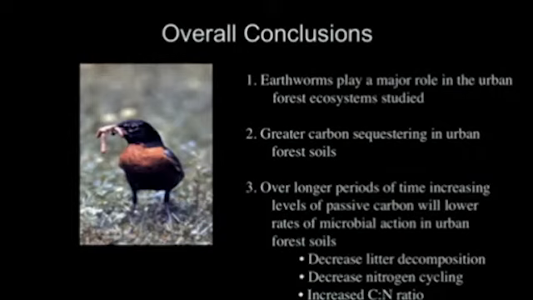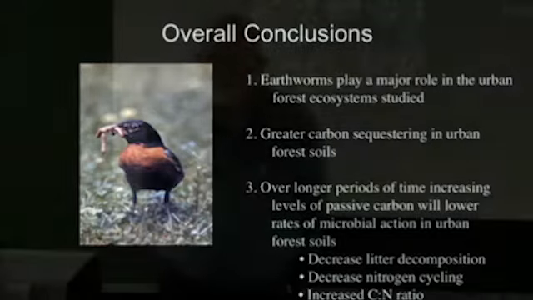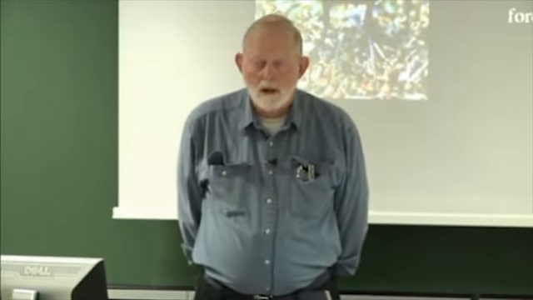Of course, that will vary from place to place. This may be a unique situation where the rural soils are without earthworms. That carbon sequestering is greater in urban soils because of the passive carbon that's present there. And over long periods of time, the increasing levels of passive carbon will have an effect in lowering the rates of microbial action in the urban forest.